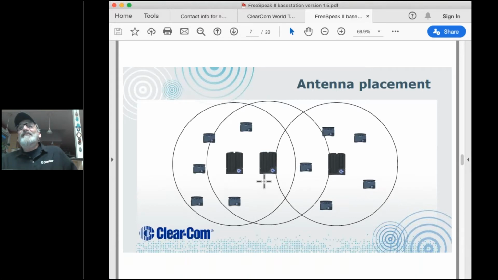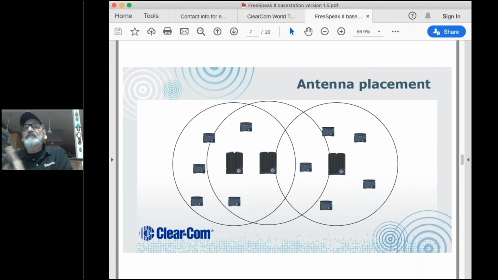So in those 2 circles, I could definitely have up to 10 belt packs easily. Now, let's say that right-hand transceiver is a 2.4. So that one will support 4 belt packs. But they're both connected to the same base station, either through a splitter or, well, we can only have 2 connected to the transceiver port if we don't have a splitter.